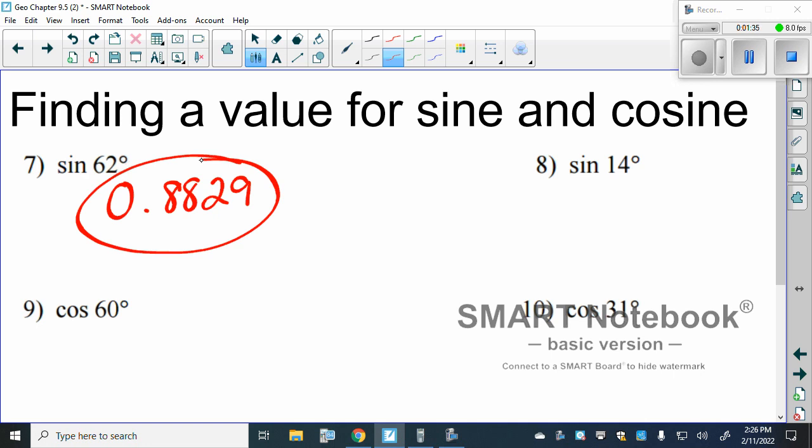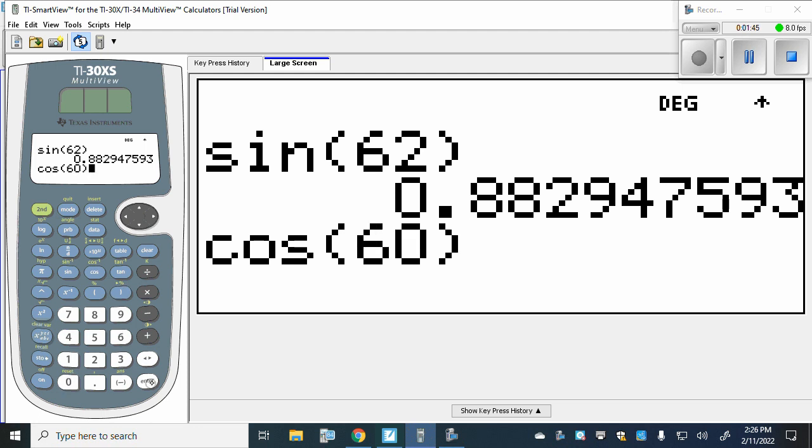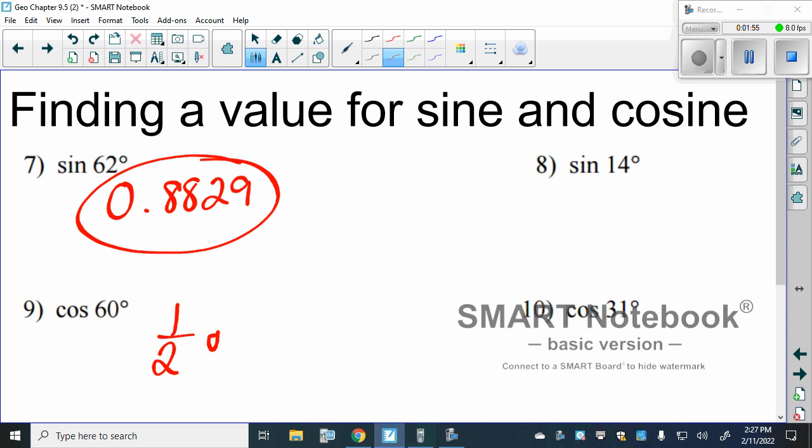So number 9, cosine of 60 is 1/2, because we can come in here and say cosine of 60 degrees and hit enter, and it tells us that it's 1/2, or 0.5000.